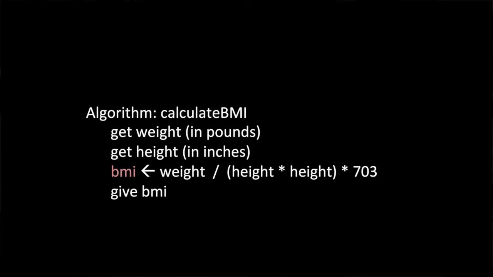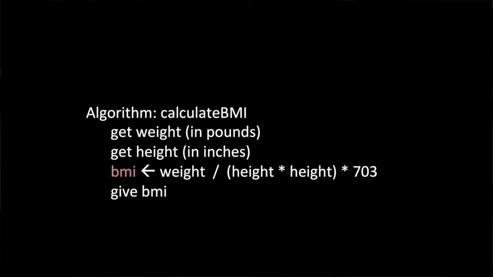Now, there's a third variable here too, and that's BMI, which you and I know stands for body mass index. And in the third statement in our pseudocode algorithm, which is called an assignment statement, we use the weight and height to calculate the body mass index.